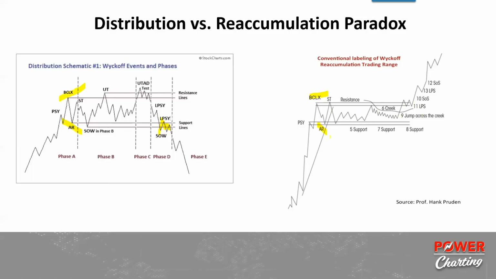But notice the difference here, typically, is that there is a diminishment of volatility through reaccumulation, because stock is being absorbed by the composite operator, by large informed interests that are expecting a new uptrend to occur. I love reaccumulation structures.